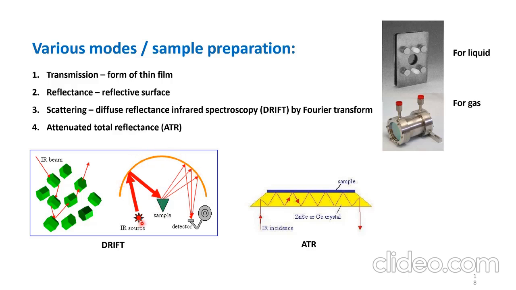The IR source goes to this surface and goes back to the sample, and the sample scatters the light in all the directions, like majorly in this direction. And this is a converging lens, so it converges the light to the detector, and then the detector detects what is the absorbance or transmittance from the sample.